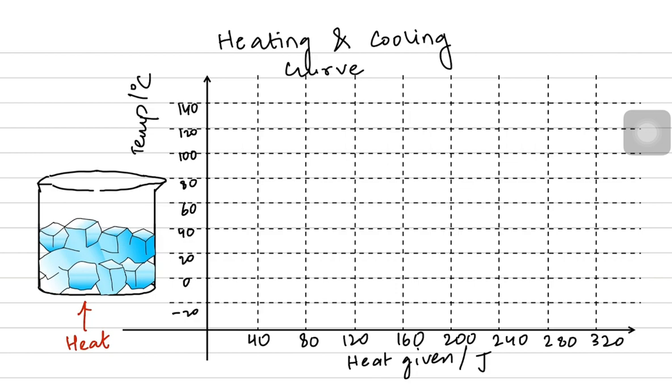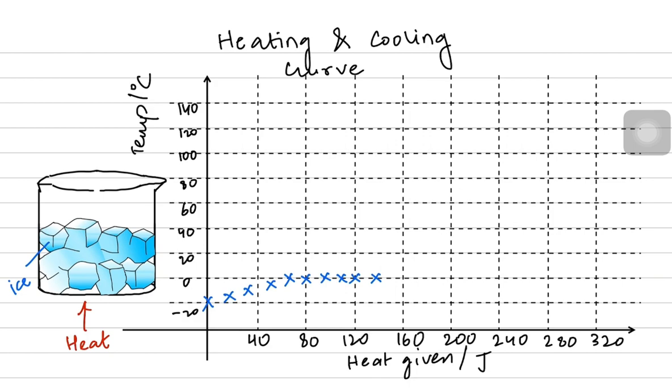When I started giving heat to this ice block, obviously heat was absorbed by this system. The starting temperature was minus 20, but as heat was given, the temperature started to increase. After a while, the temperature stayed constant for a while, and then it started increasing again.